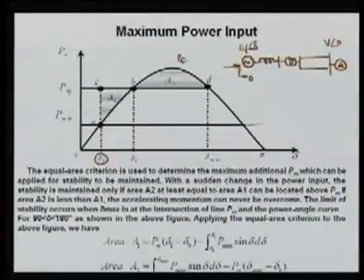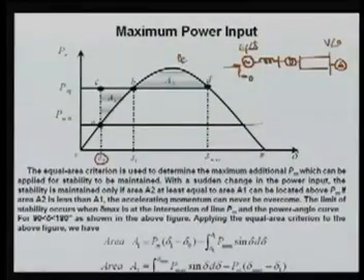Now the question: how much can we increase the power PM so that our machine remains stable without losing synchronism? To know this, we have seen that the equal area criteria is used to determine the maximum additional PM which can be applied for stability to be maintained.